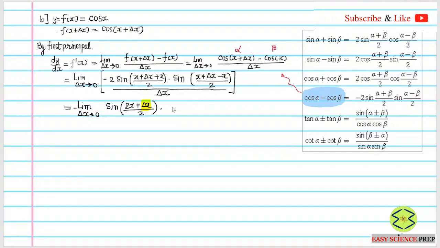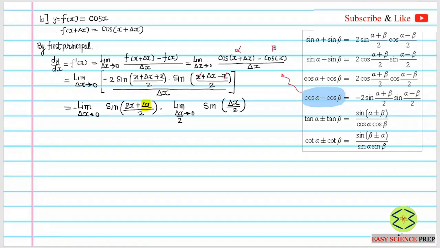Now here we will do a similar method as we did in the previous problem. Limit delta x tends to 0, x gets cancelled out. So I can write this as sine of delta x by 2 over delta x by 2.